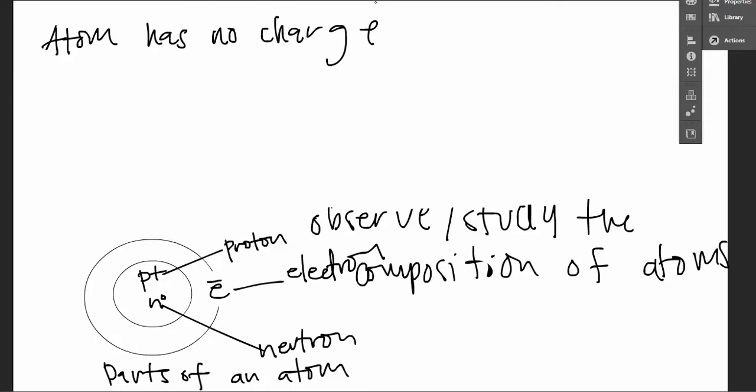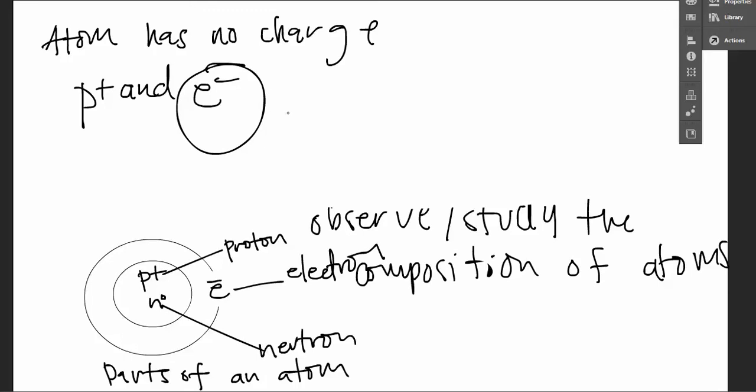So although protons and electrons have opposite charges, the positive proton does not attract the negative electron right into the nucleus because of speed.